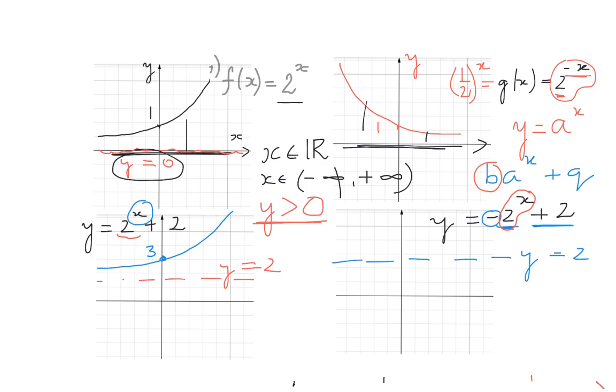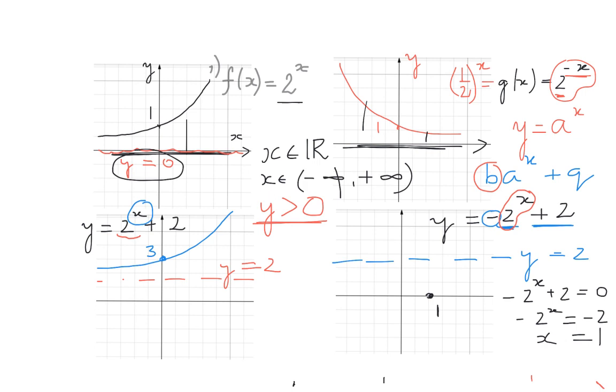So the question is, can you calculate the x-cut of this function? How do we calculate the x-cut? We make y equal to 0. And in this case, minus 2 to the x is equal to minus 2. So 2 to the x is 2 and x is 1. I have an x-cut of 1.